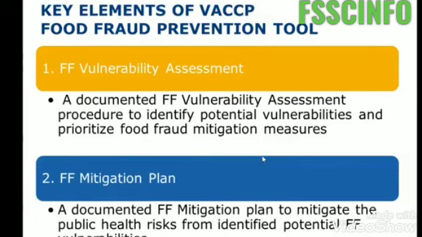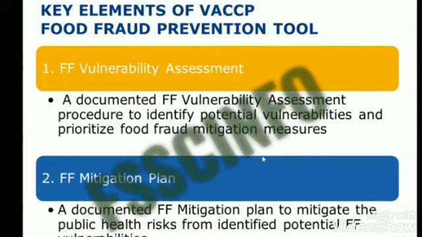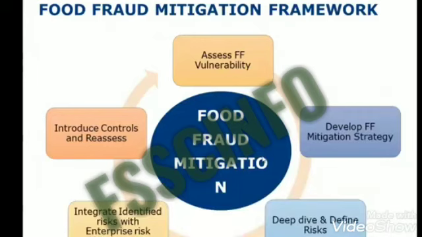And the second, based on the food fraud vulnerability assessment, you can then prepare a very comprehensive and effective food fraud mitigation plan to mitigate public health risk from identified potential food fraud vulnerabilities as well as the economic risk factors. This is a continuous improvement cycle, developing a food fraud mitigation plan.